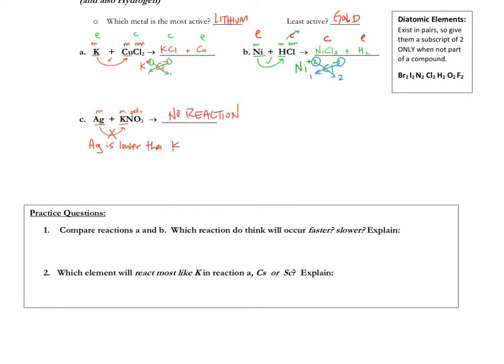So reaction A will occur faster because potassium is way higher up than copper.